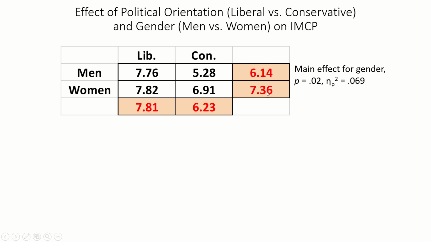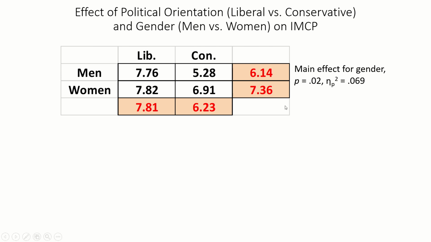Right? So we have a significant main effect, so we know that these marginal means are significantly different, that women are reporting significantly higher levels of IMCP compared to men. Women are reporting that it's more personally important to them to control the expression of their prejudices compared to men. That's something that we didn't know before.